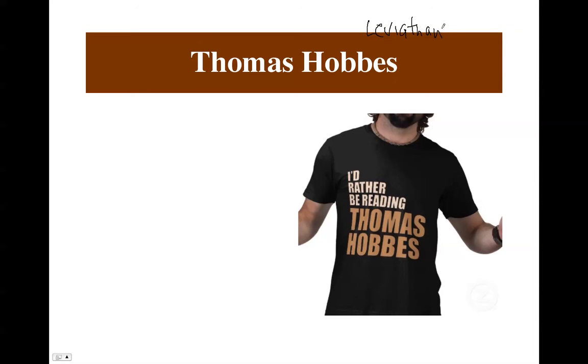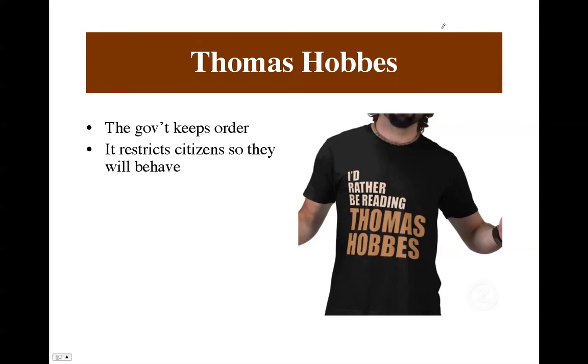And in this book, he came up with the premise that people are naturally bad. People, if left to their own devices, are negative, bad people. And because of this, he believed that the government must keep order. Because people are bad, the only way to protect people from themselves is to have a strong government. It restricts citizens so they will behave.